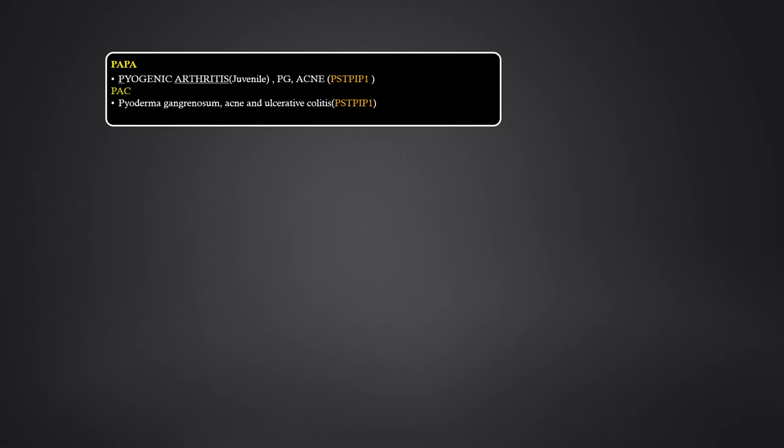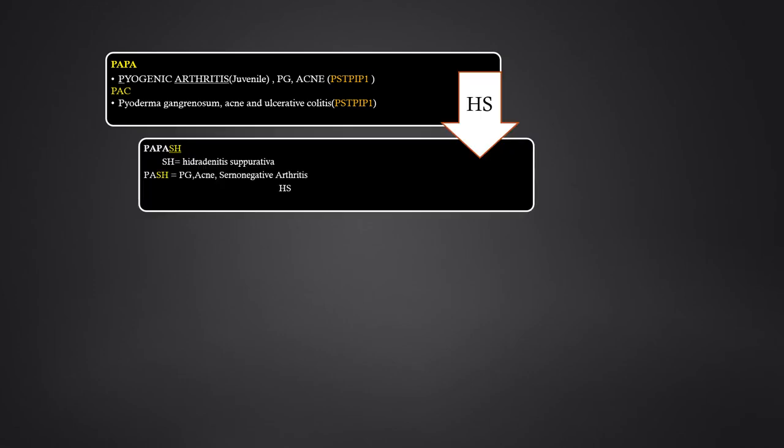So, PAPA has pyogenic arthritis, PG and acne, and another syndrome like PAPA with the same gene mutation has, in addition, ulcerative colitis. Now, if you add hidradenitis suppurativa to this particular syndrome complex, you get two more syndromes, PAPASH and PASH, and of course the second one has seronegative arthritis.